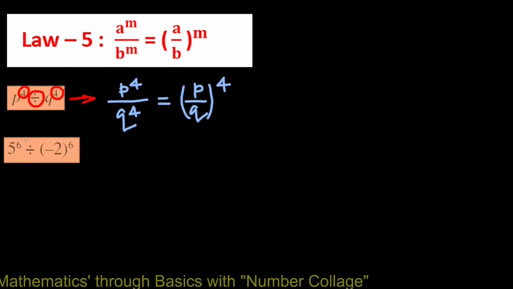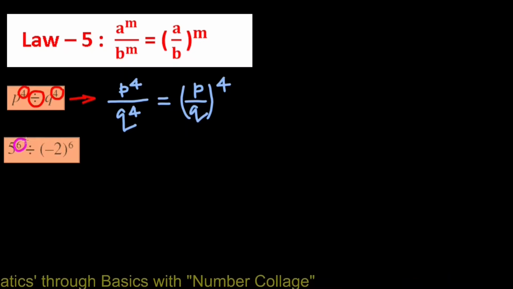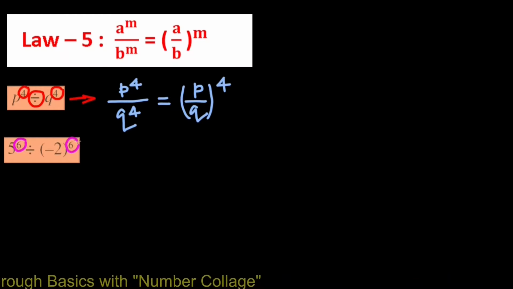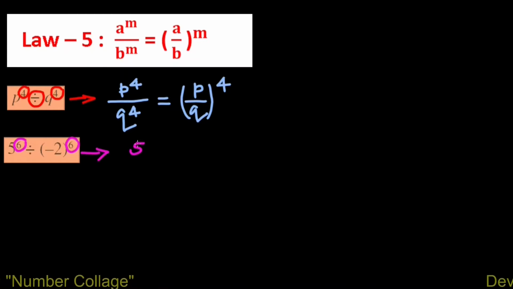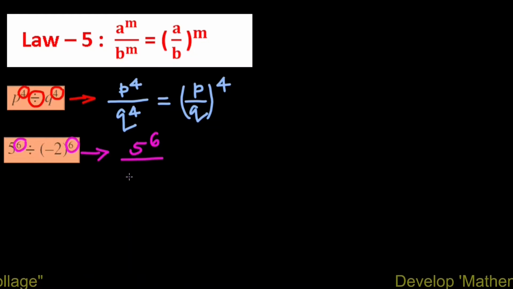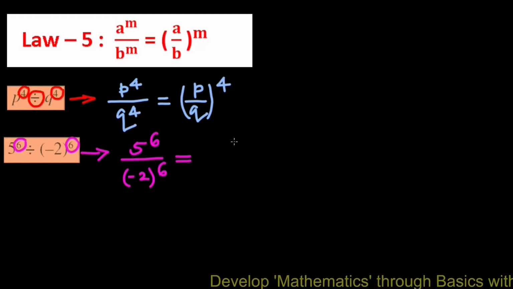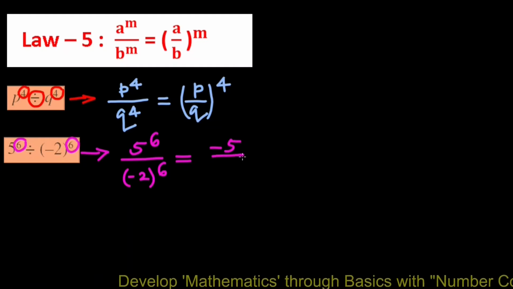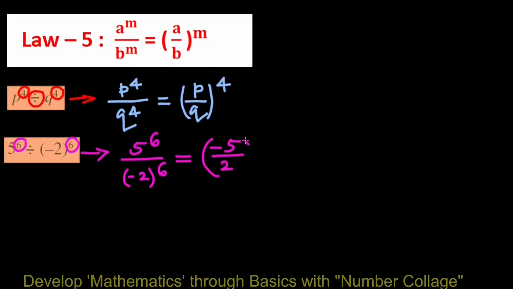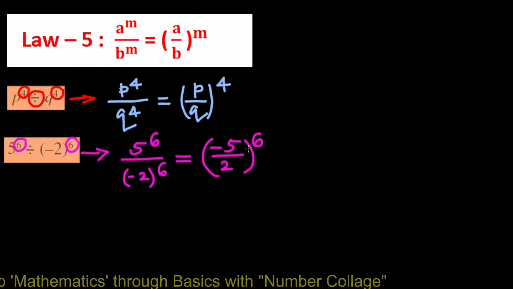Here the powers of the two numbers are the same. So we write it as 5 raised to 6 upon minus 2 raised to 6, and after that we can write it as minus 5 upon 2 whole raised to the same power 6.